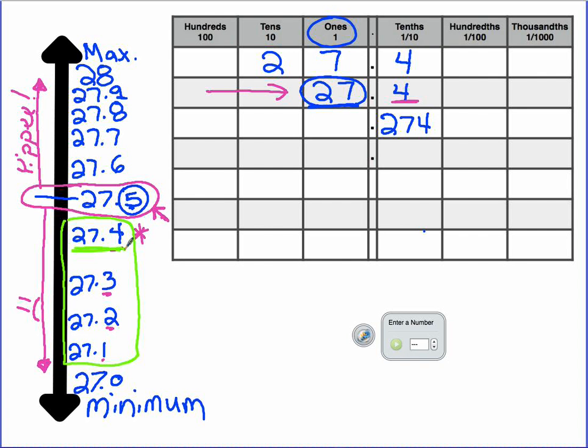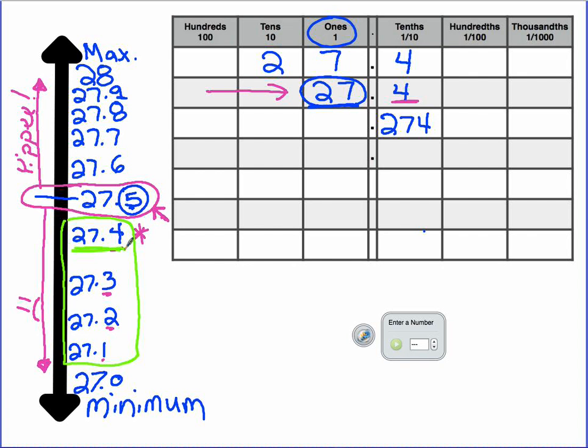So I want you to look at this now, and you're going to click in. You ready? Click in the minimum number that you can have that will make you round that to 28. So the minimum number that will make you round that to 28. The one that says, okay, I did my best, I just barely made it, but I made it.